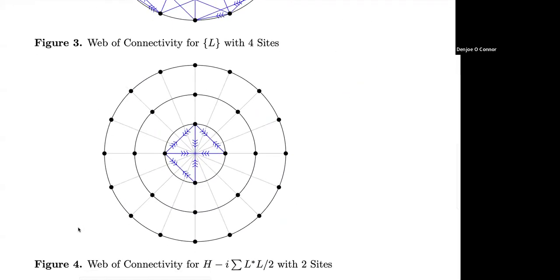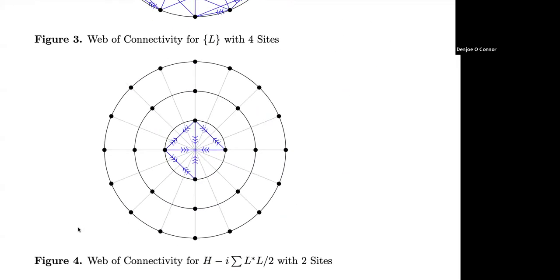If you have not an open system, a closed system, would it make any sense to draw a graph like this? Is it possible just with a Hamiltonian and no jump operators? You could. It's a special case, right? Just as the Schroedinger equation is a special case of the Lindblad equation. You could do it for closed systems, but what would you expect to see in that case? I mean, closed systems are reversible, right?